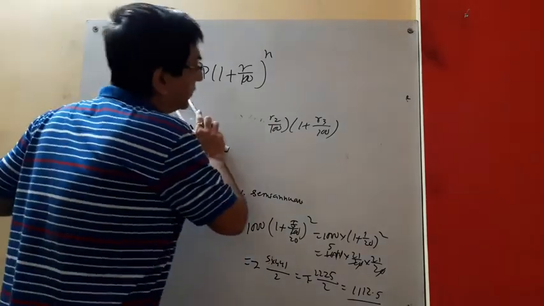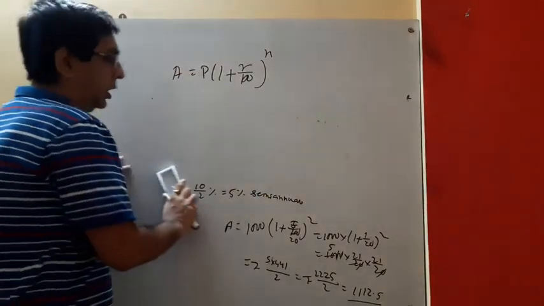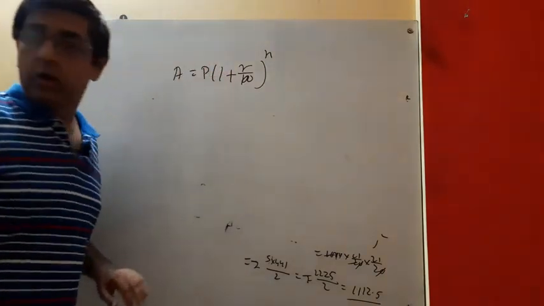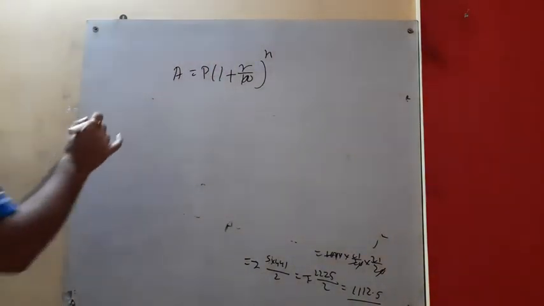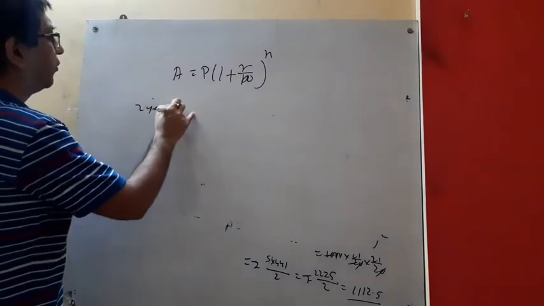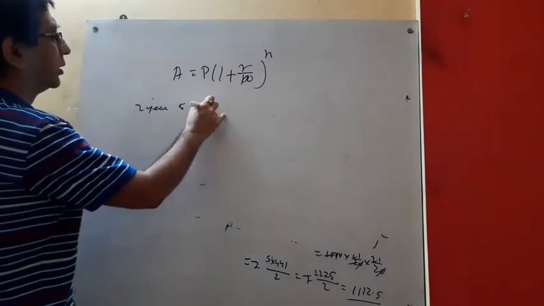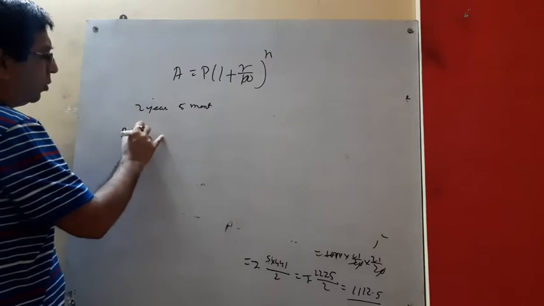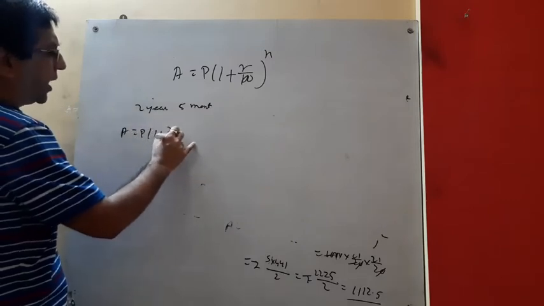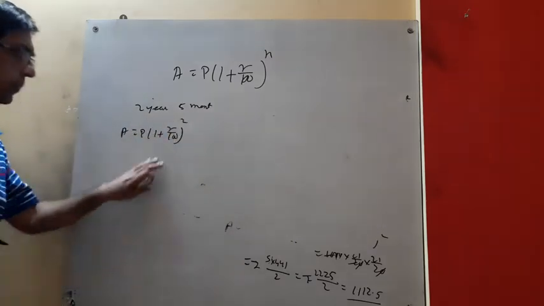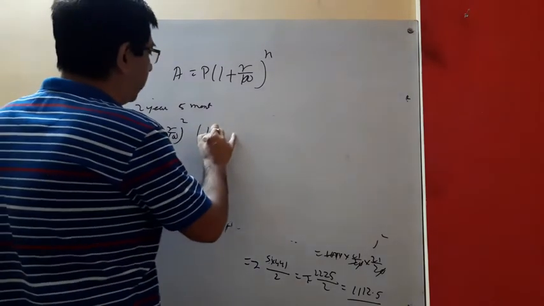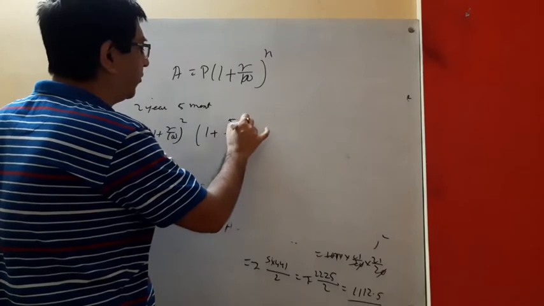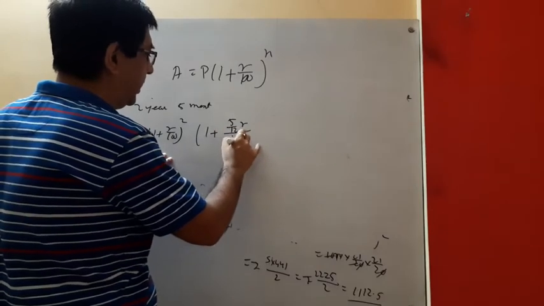Suppose time is given as 2 years 5 months. In that case, the amount will be P into 1 plus R by 100 whole square, that is for 2 years, and then 1 plus 5 by 12 R by 100.